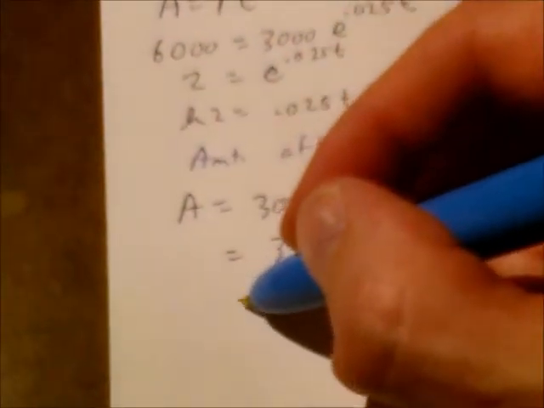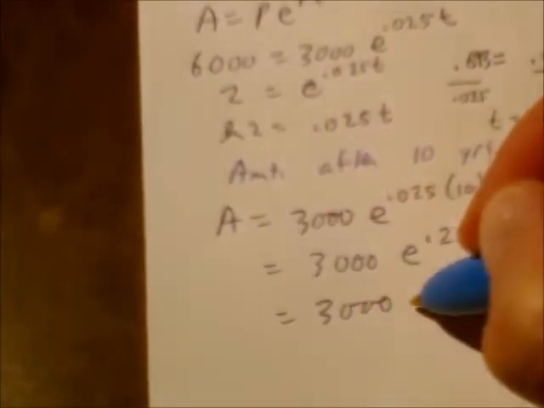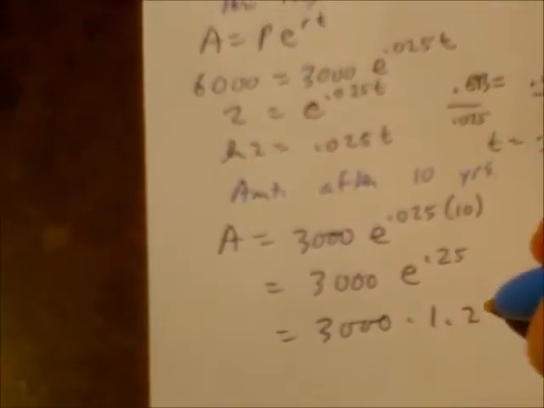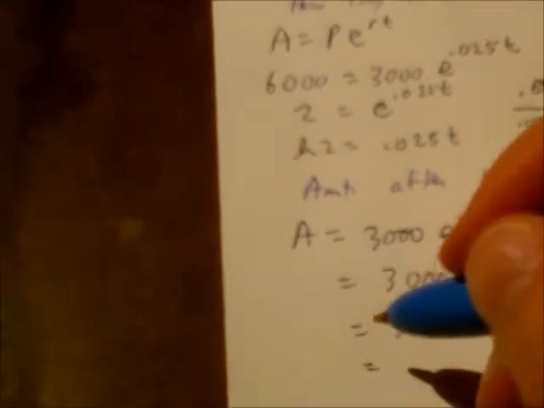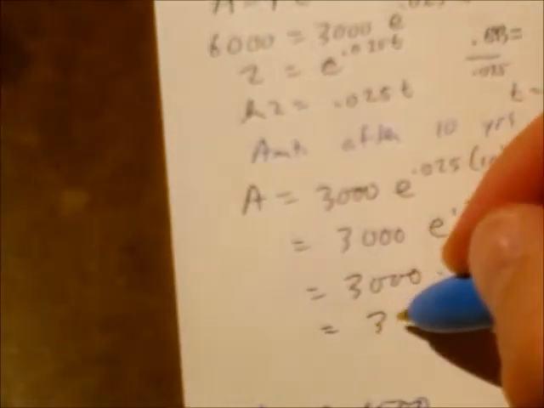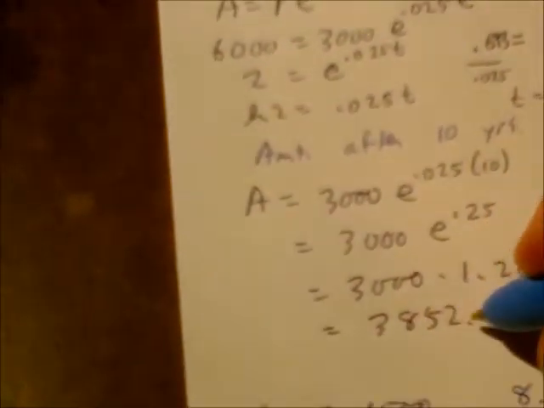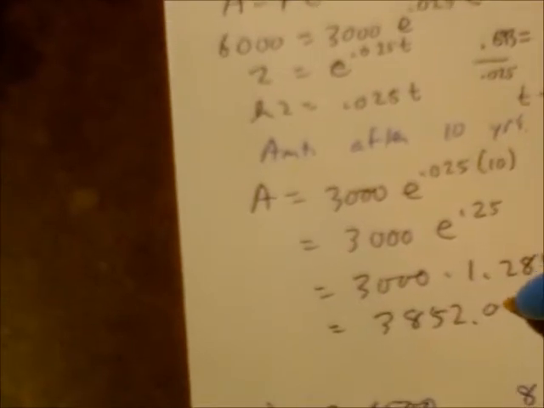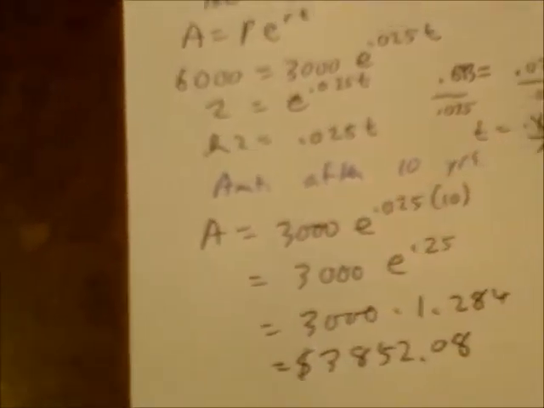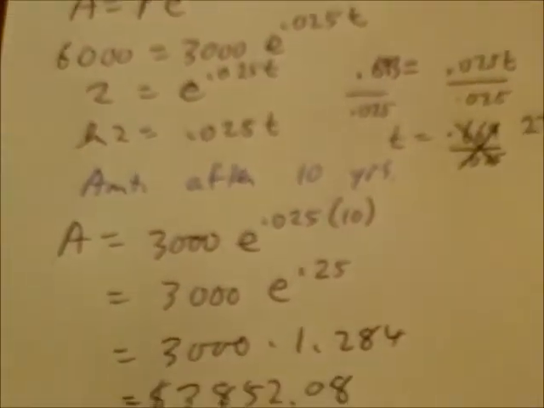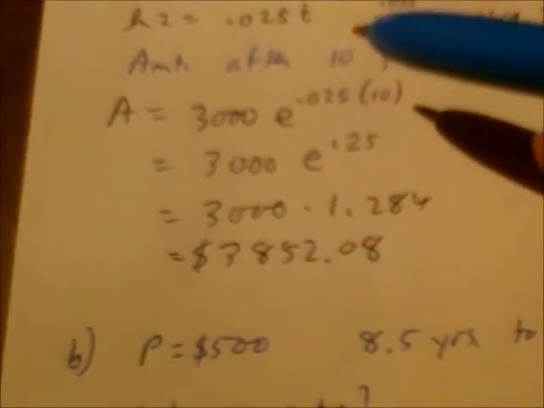So e to the 0.25 is 1.284, so equals 3,000 times 1.284, which equals $3,852.78. So that's how much money we're going to have after 10 years. These problems are pretty simple, just plugging the numbers into the formula.